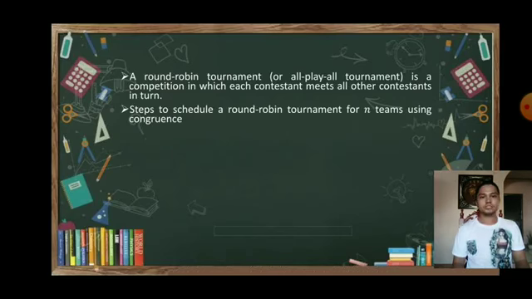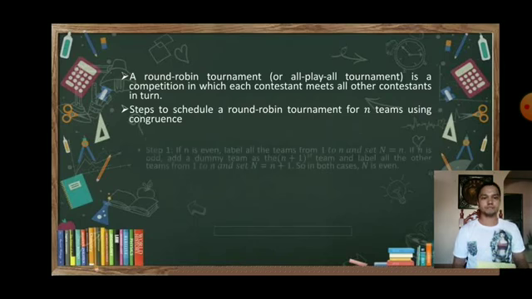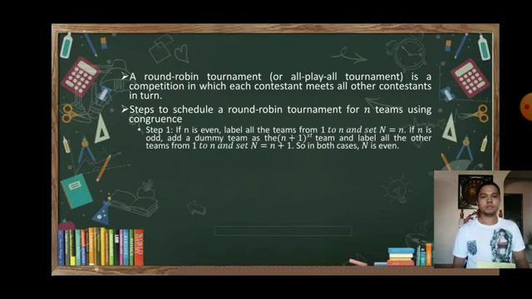Okay, let's proceed na po sa steps to schedule a round-robin tournament for n teams using congruence. So, dito po meron tayong 3 steps. Ang ating step 1 ay, if n is even, label all the teams from 1 to n and set N equals n.